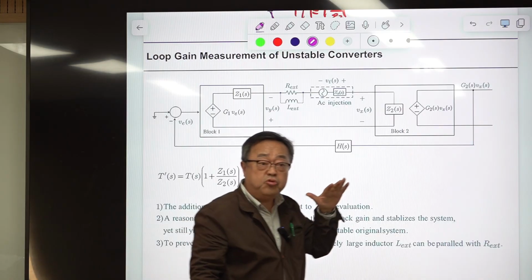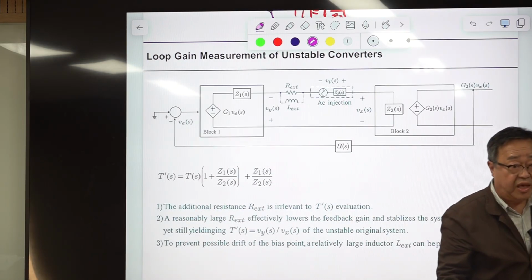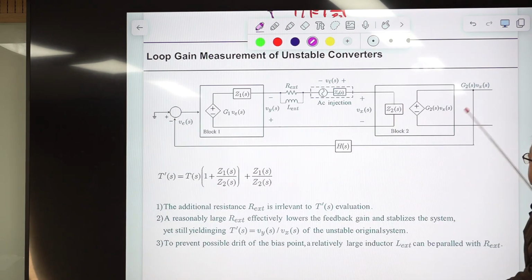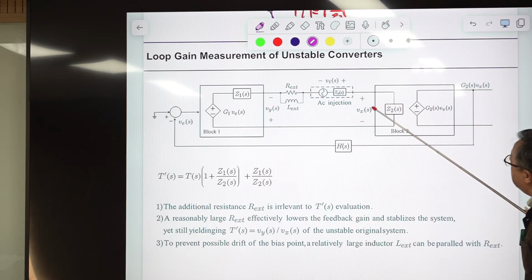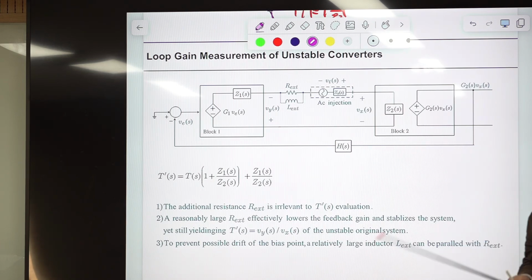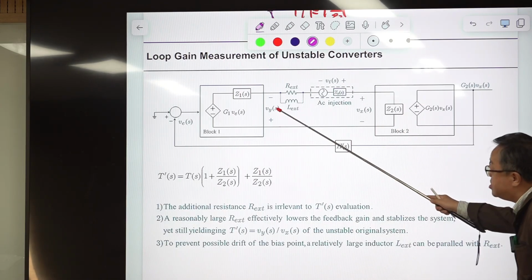So with reduced effective feedback gain, the total system will be stabilized. The system is unstable, but this external element is stabilizing the overall system. So in that situation, still you measure this and this, okay?